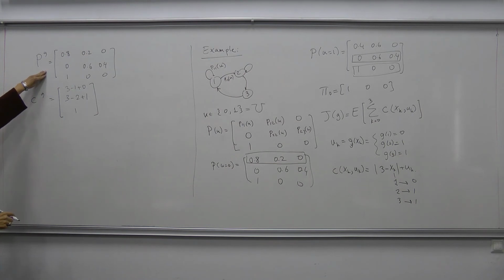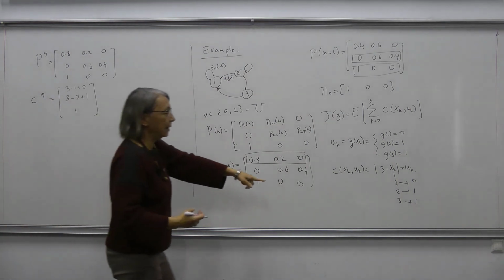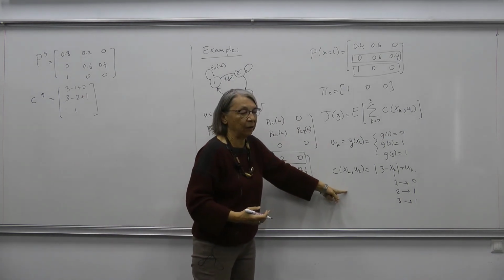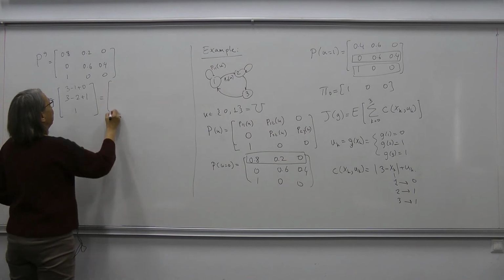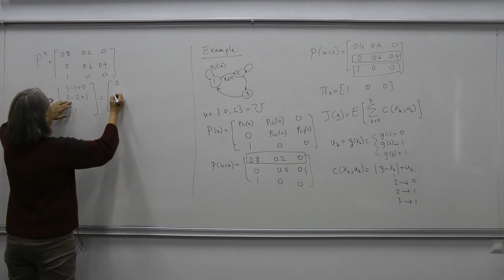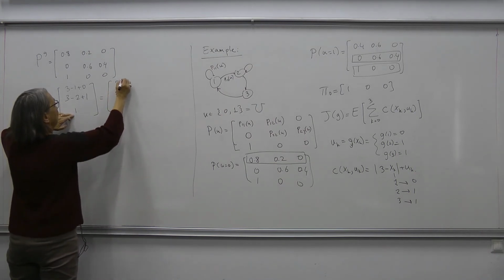As we have obtained this PG from our P0 and P1 matrices, we have obtained this CG from the given 2 different C vectors. So that will be equal to 2, 2, and 1.